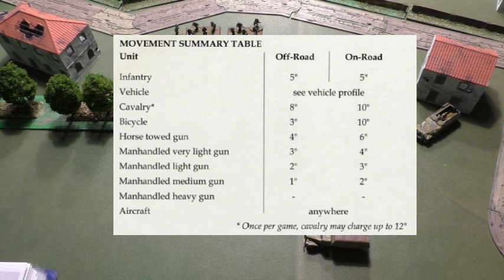So the Allied forces like British and American, or the German, or the USSR, infantry, cavalry, bicycle, horse, manhandled aircraft, all have the same movement. Off-road for the infantry is 5 inches, on-road is 5 inches. And when you look at vehicle, you have to go to another table.